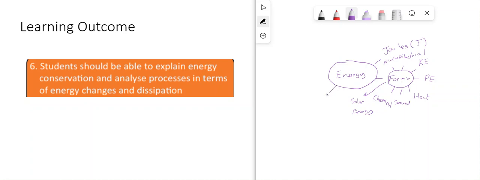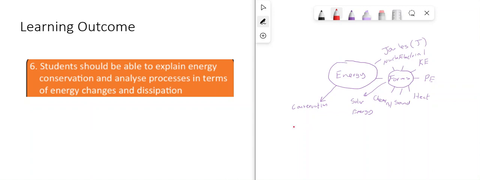And then we talked about this idea of conservation of energy. Energy is not created or destroyed, it's just changed from one form into another. For example, we looked at chemical energy in food being turned into kinetic energy and heat energy.